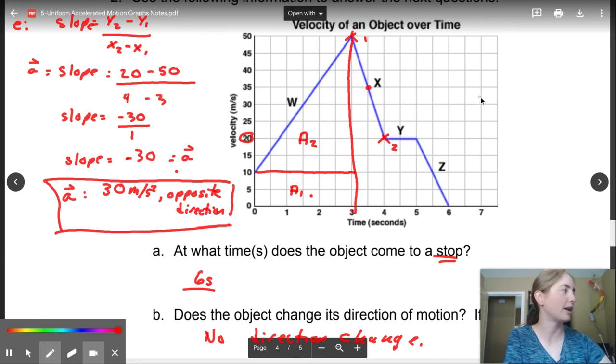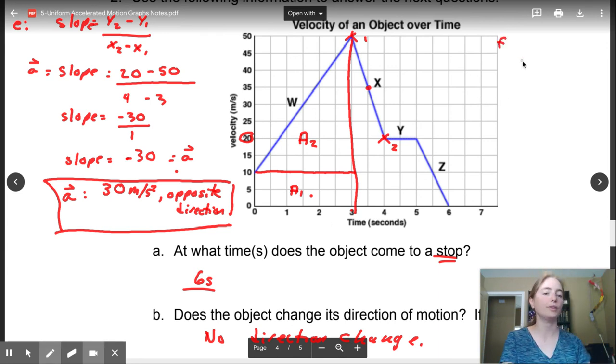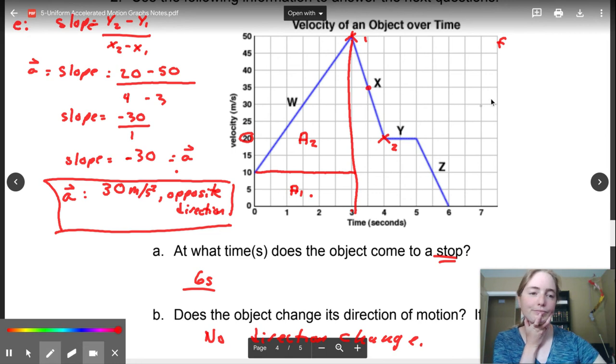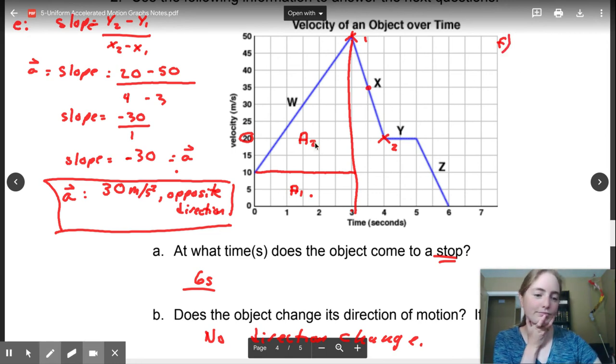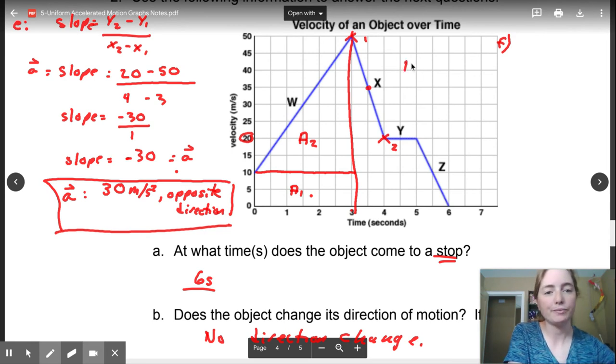For that last one, which is F. Okay. So, ladies and gentlemen, what is my next thing? What should I do first? Calculate the area. I'm going to do area 1 first.